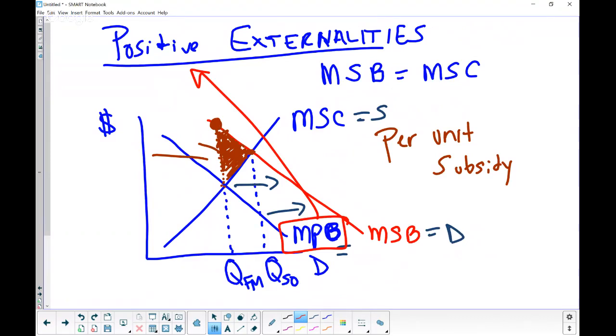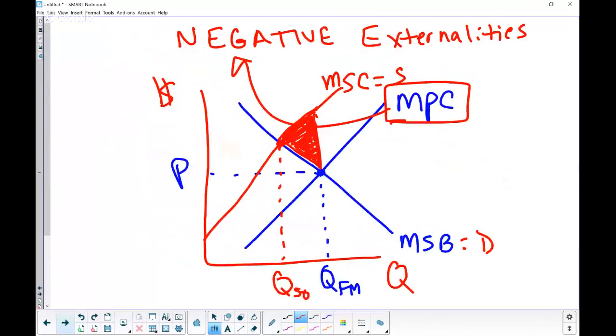Very important. That's how you can tell if it's a negative or positive externality. If you see MPB, positive externality, because we have a private benefit. We're not considering the social benefit for the entire society. MPC, it's a private cost, but we're not considering the societal cost of that negative externality.